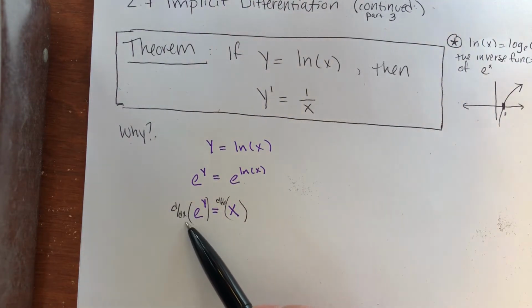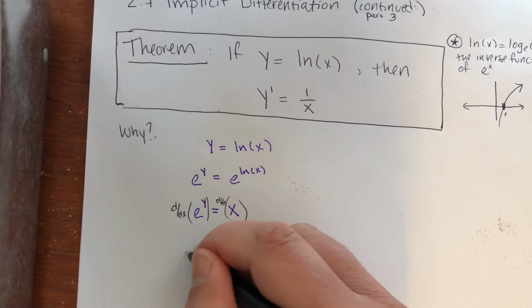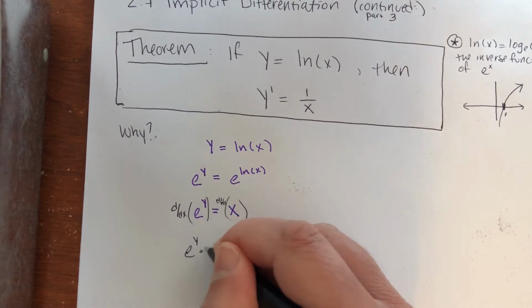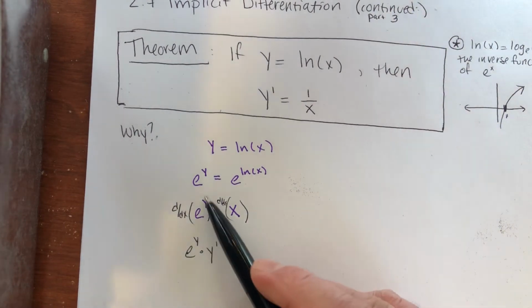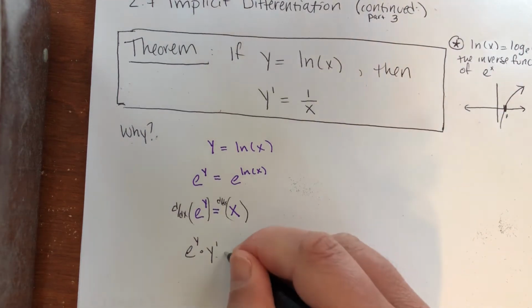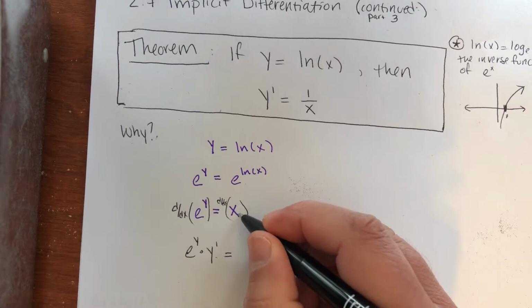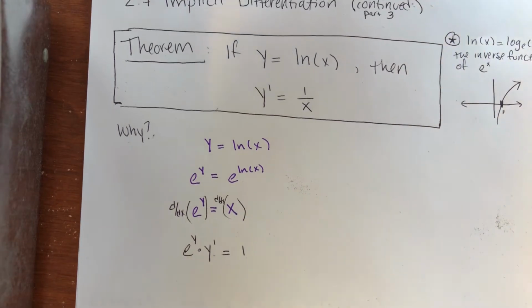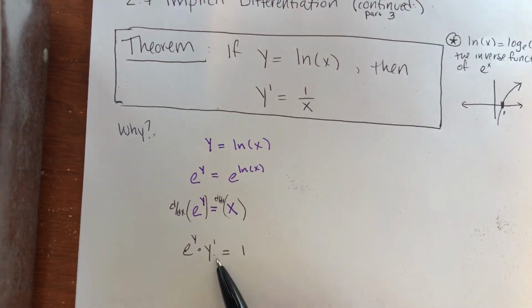So the derivative with respect to x of e to the y would be e to the y times y prime. Right, take the derivative with respect to y and then multiply it by y prime. And the derivative of x with respect to x is just plain 1. Okay, so we get that e to the y times y prime is equal to 1.